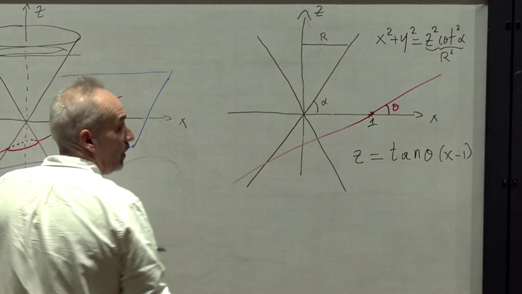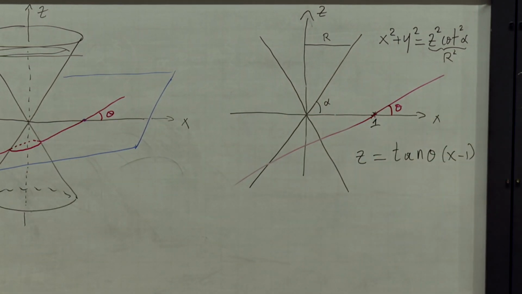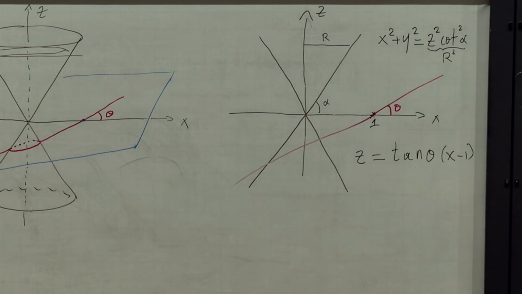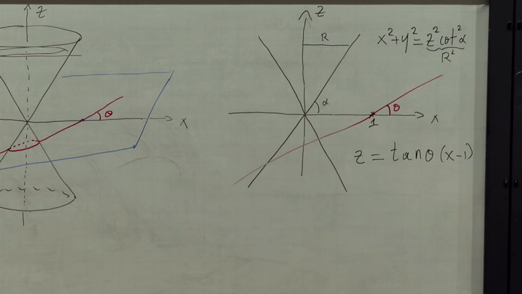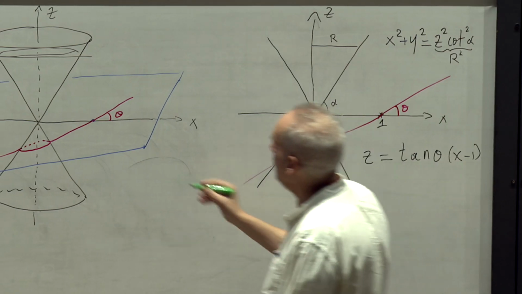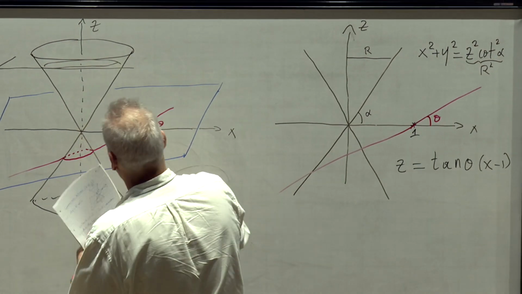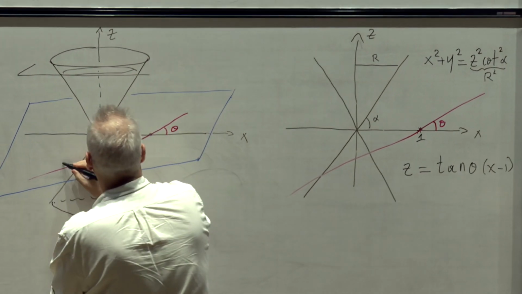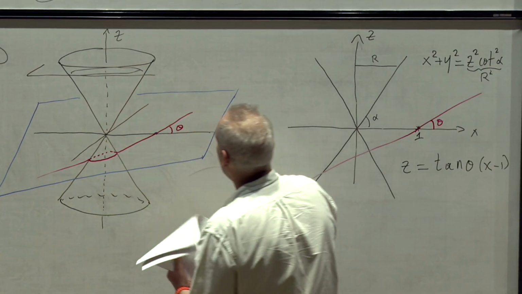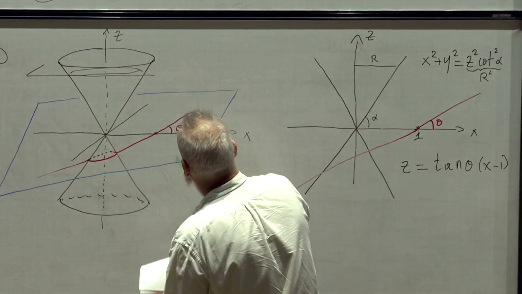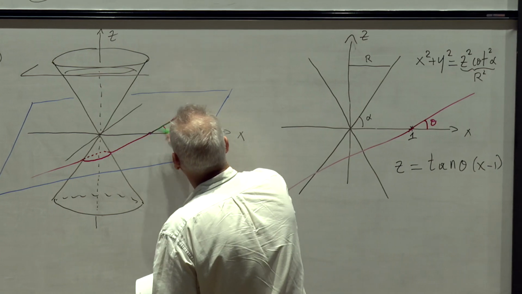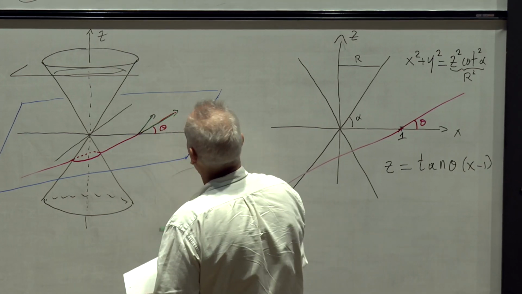But what I really want is the plane. And the plane that I have in mind, I'm going to introduce the y-axis. It's a plane that is spanned by this vector and this one.